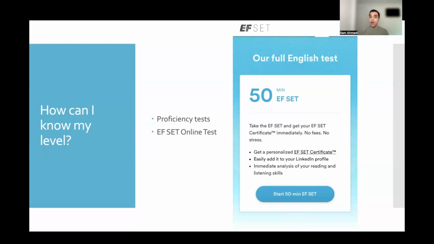So if you want to be 100% sure that you are assessing all skills, then you might want to work with an English instructor who can tell you where you stand as far as those productive skills, in other words, speaking and writing, are concerned. But this test that you can see the screenshot of here is an excellent way to start and get some idea as to your ability level in English.